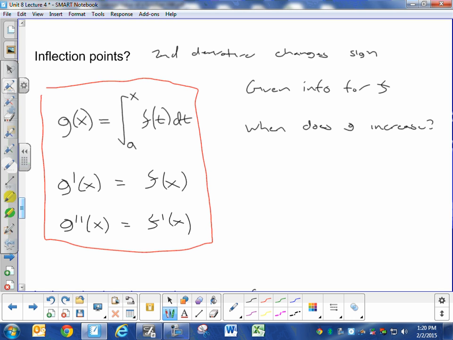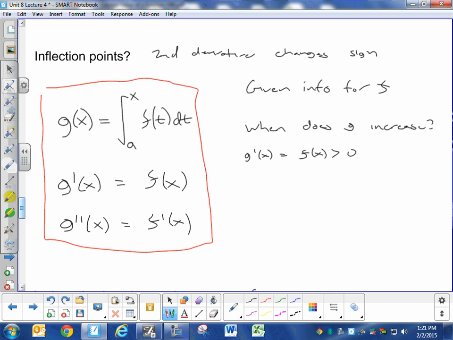And you know from Unit 4, you're like, oh, g increases when g prime is positive, right? But you don't have information about g. You have information about f. So what is the information you will use from f that will tell you when g prime is positive? When f is positive, g prime is the same as f, so we will figure out when g prime, which is equal to f, is positive.